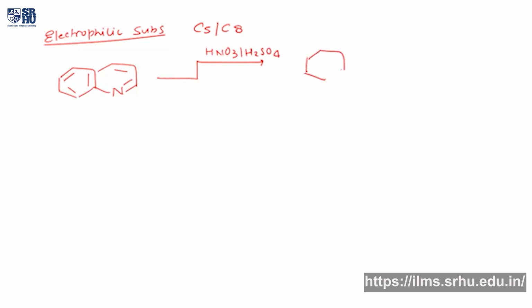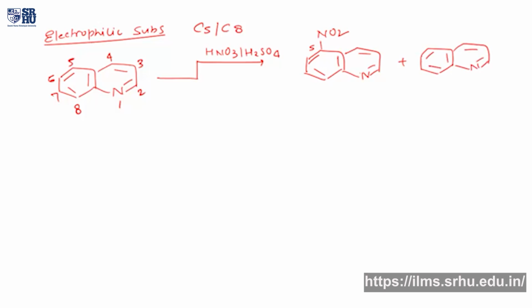Hence we are doing a nitration process here. In electrophilic substitution, the NO2 group can attach either at position number 5, which is this position, or at position number 8.